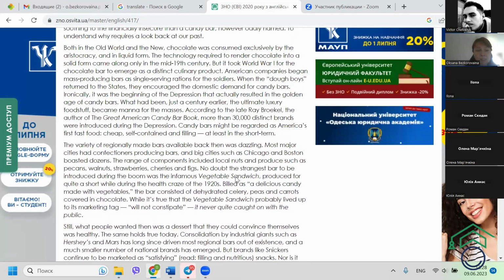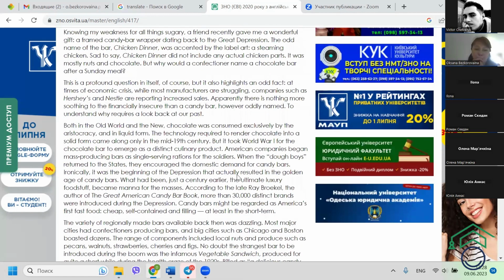Давайте знайдемо key sentence, ключове речення. But it took World War the first for the chocolate bar to emerge as a distinct culinary product. Culinary product. Давайте перекладемо.